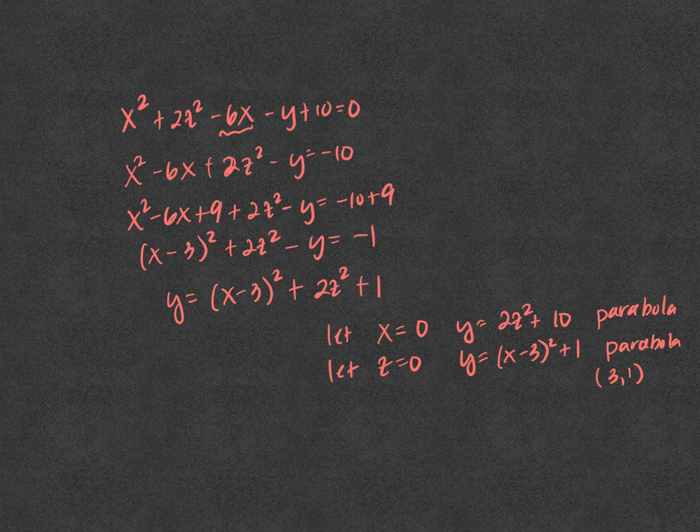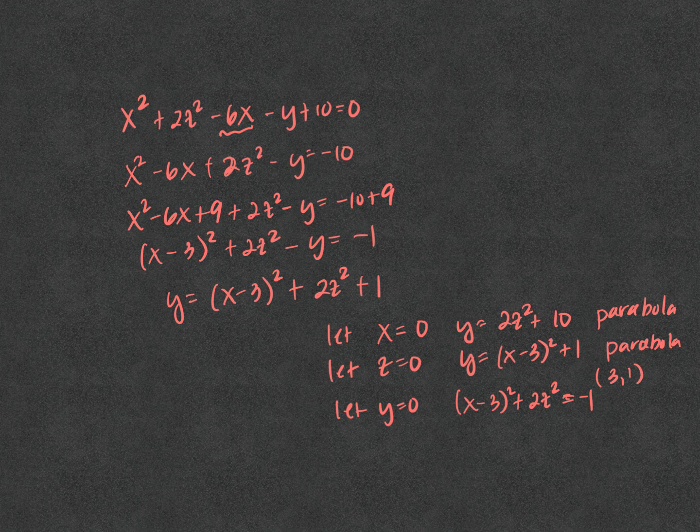And then if we let y equal 0, then we get x minus 3 squared plus 2z squared equals negative 1, which is a problem.